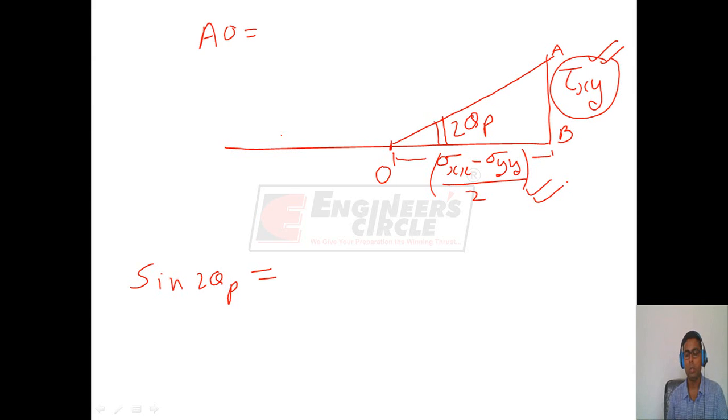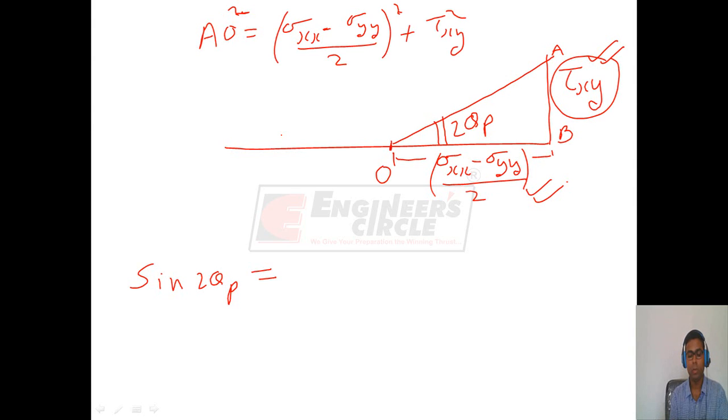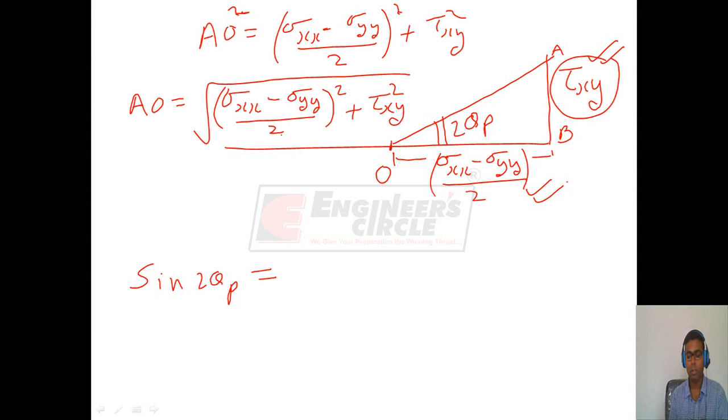by following the Pythagoras theorem: AO square is equal to ((sigma xx minus sigma yy)/2) whole square plus tau xy square. Let us call this value r.